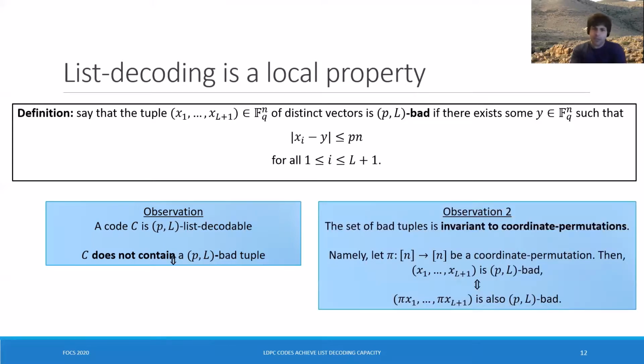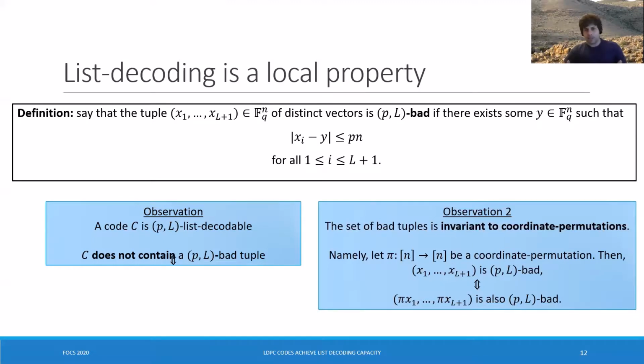Now, an important property of these bad tuples is that they're closed under coordinate permutations. By coordinate permutations, I just mean taking these vectors in F_q^n, each of dimension n, and rearranging their entries, but applying the same rearrangement to x_1 all the way through to x_{L+1}.